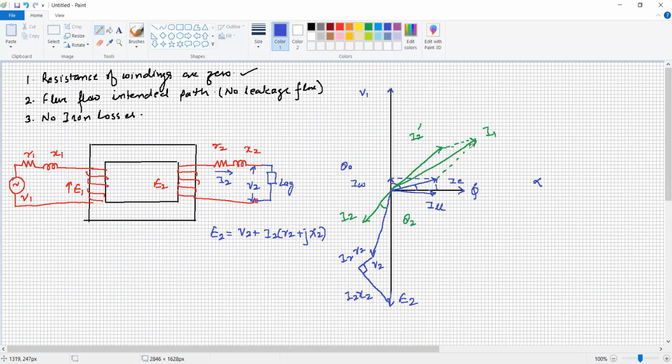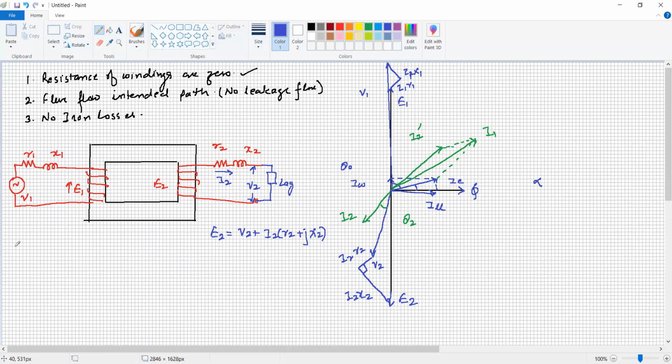Similarly, there is a current I1. Here there is a small resistance drop I1 R1, and a reactive drop I1 X1, and this is the voltage applied, V1. So this is the value of E1.